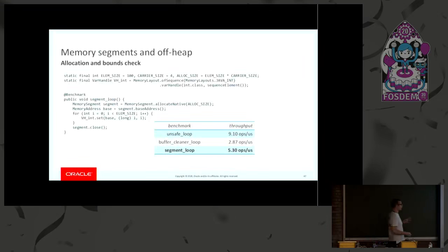The main contributor, I think, for this number is the fact that the allocation got a lot less expensive compared to the ByteBuffer allocateDirect method. But there are also other things. All the bounds are final variables, so C2 can hoist them at will, almost. And there is still a little bit of a difference. Also, we have to keep in mind that we are zeroing memory with the memory segment API, so we can never go quite as fast as unsafe here.